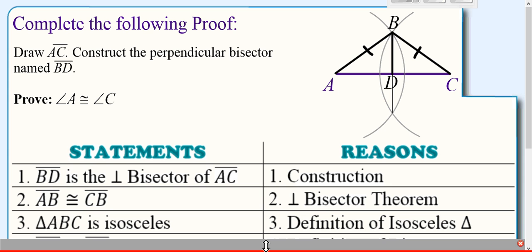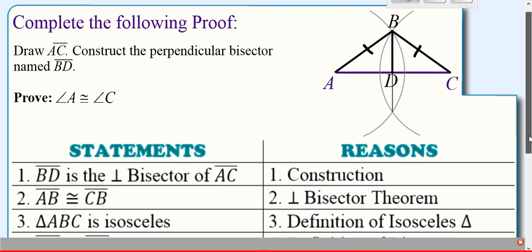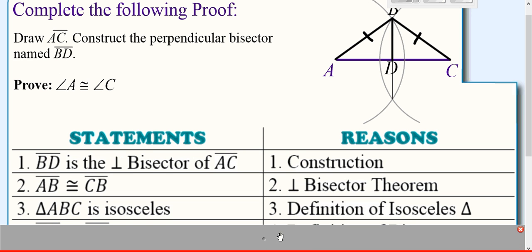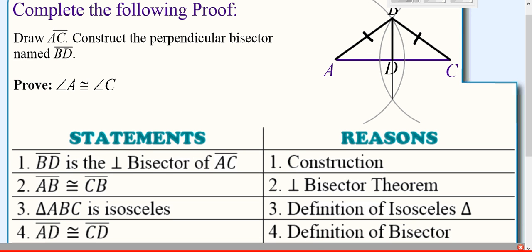Which means it's isosceles because those two sides are congruent. Since it's isosceles, or before that, AD is congruent to CD. My bad. We marked that one before.